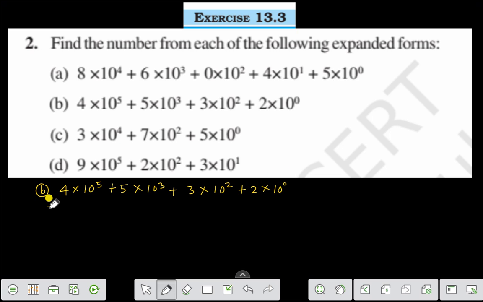It can be written as 4 into 10 to the power 5, which means 1 with 5 zeros, plus 5 into 10 to the power 3, which means 1 with 3 zeros, plus 3 into 100, plus 2 into 10 to the 0, which means 1, so 2 into 1.